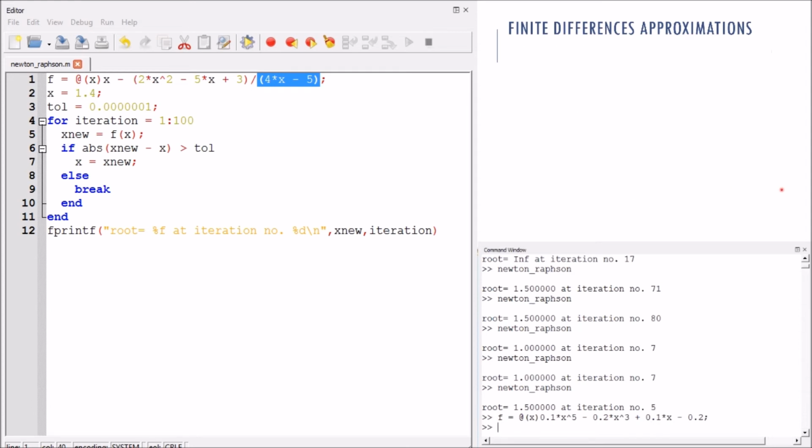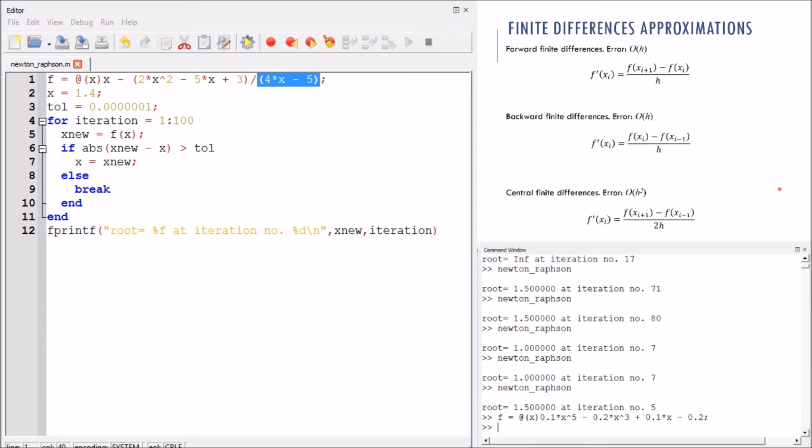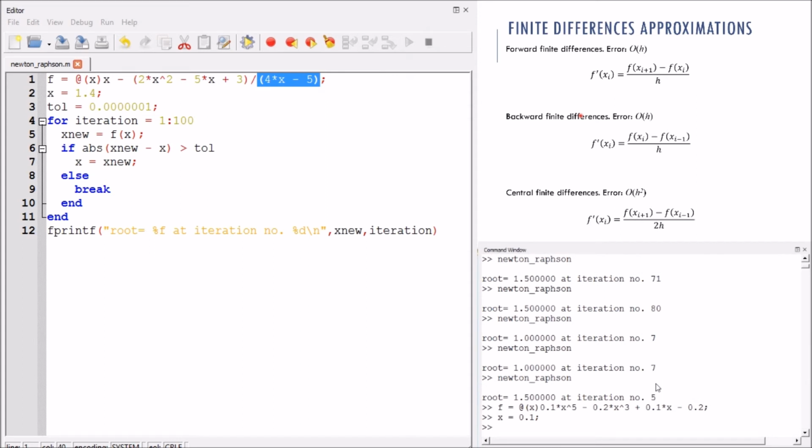Now let's compute the first derivative. We will have two important things to use in this solution. First, we should define x. So x is defined as 0.1. So say x equals 0.1. Good. We should define h.